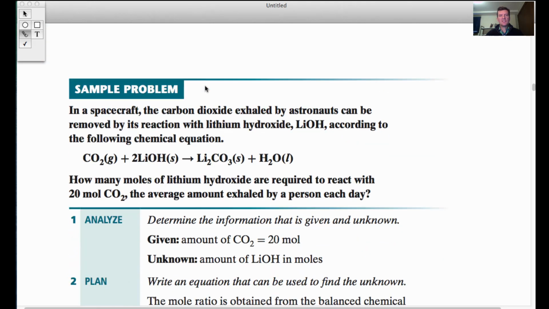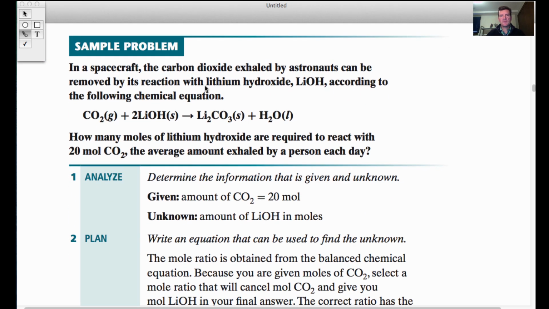Now I'm going to actually show you some problems. I'm going to walk you through this and show you exactly how we can do this very simply and easily to do the stoichiometric calculations. Okay, here is a reaction. We have 1 part, or you can say 1 mole of carbon dioxide reacts with 2 moles of lithium hydroxide to produce 1 mole of lithium carbonate and 1 mole of water.